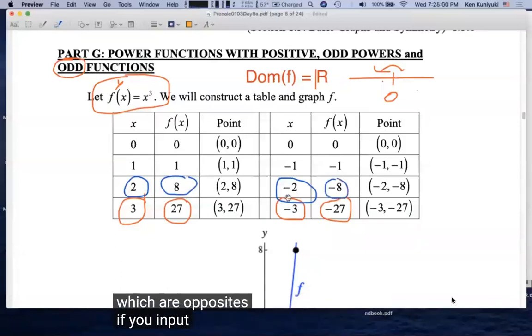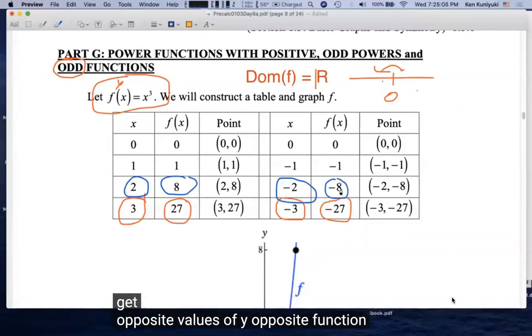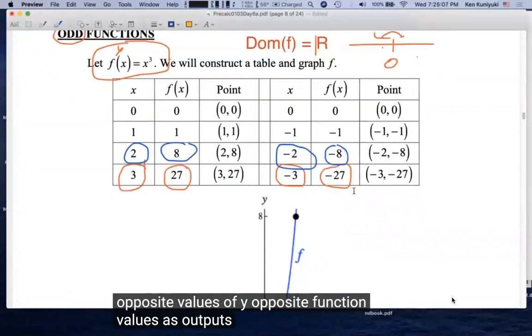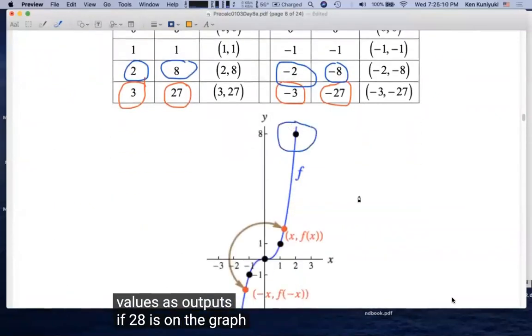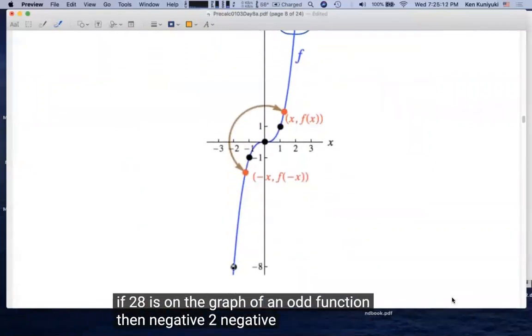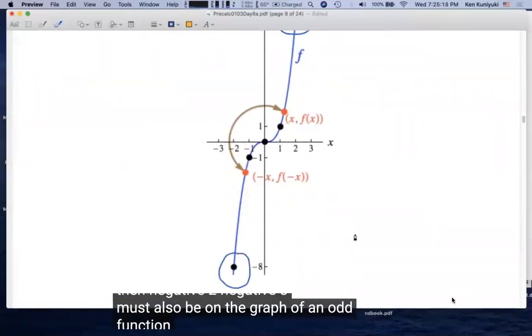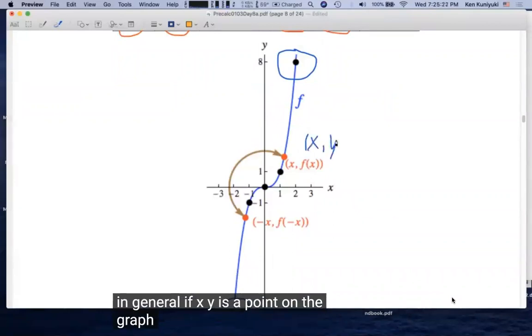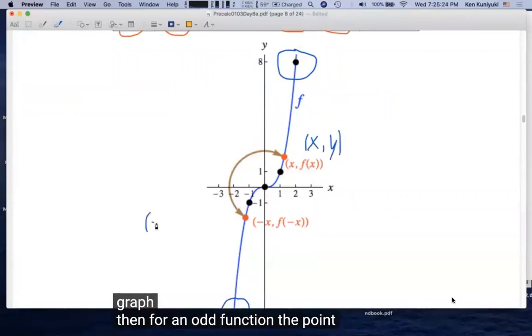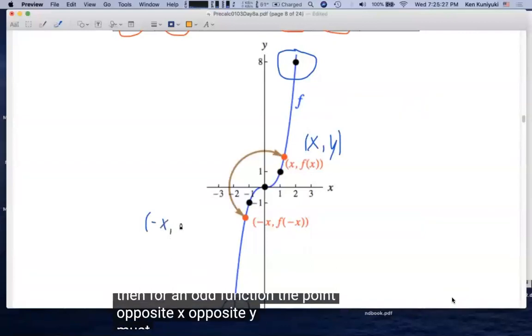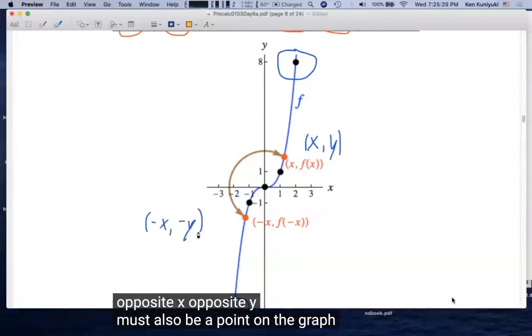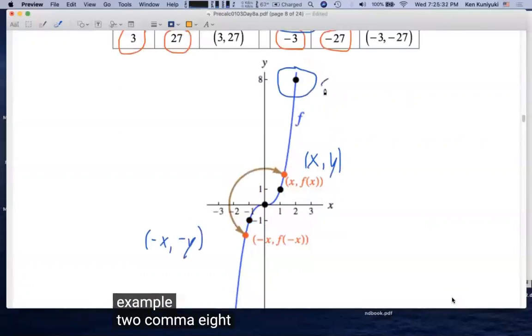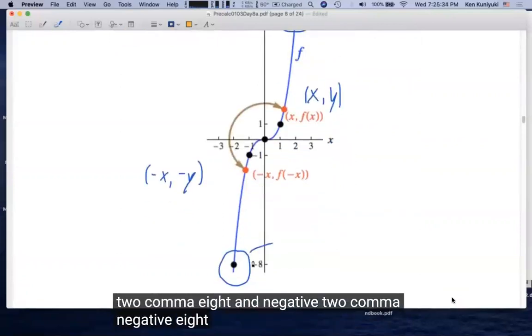If you input opposite values of x, you get opposite values of y, opposite function values, as outputs. If (2, 8) is on the graph of an odd function, then (-2, -8) must also be on the graph of an odd function. In general, if (x, y) is a point on the graph, then for an odd function, the point (-x, -y) must also be a point on the graph. For example, (2, 8) and (-2, -8).